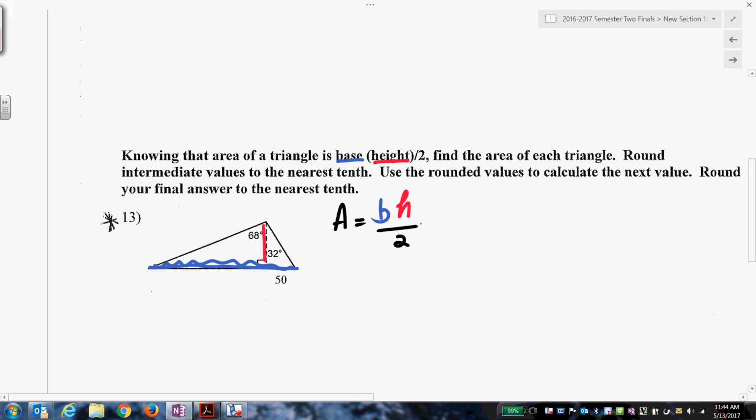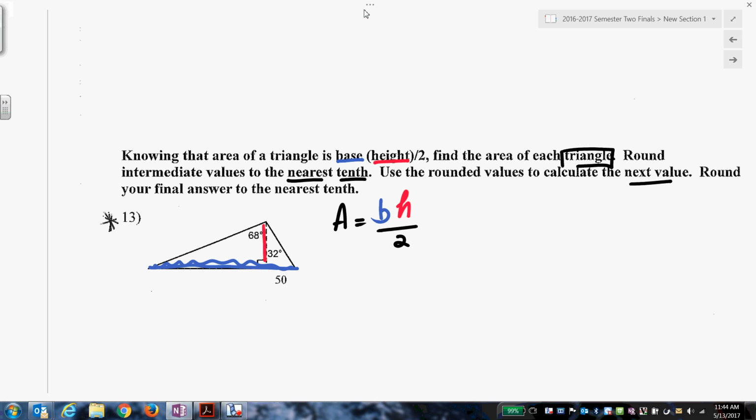That is the area equation. You're going to find the area of the triangle. Round intermediate answers to the nearest tenth. Use the rounded values to calculate the next value. Round your final answer to the nearest tenth.